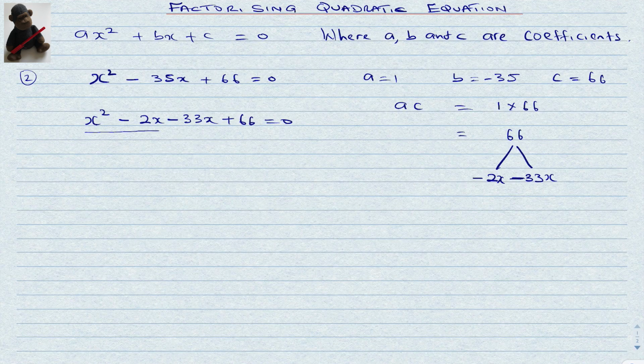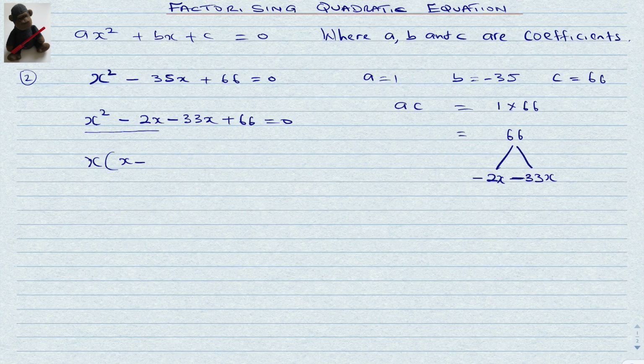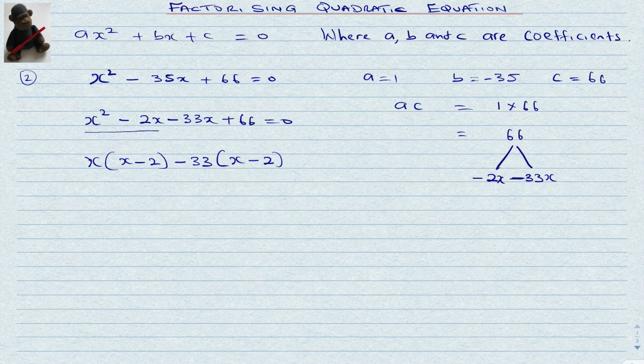In this case, x is a common factor, so I'll get x left, minus 2, and then I'll write whatever sign is there, so that's minus, and then 33 open bracket, I'm left with x. Now it's going to be minus 2 as well, because there are two 33 in 66.